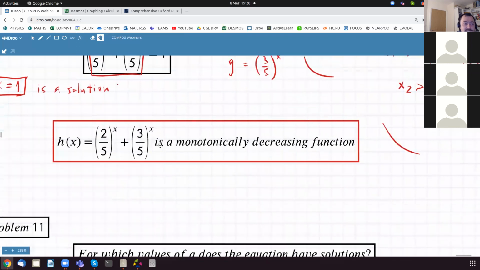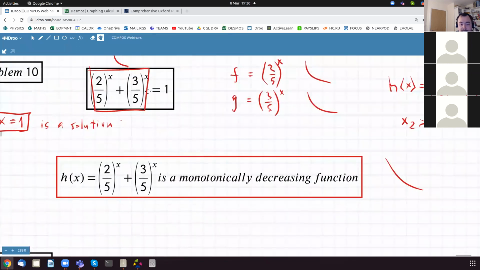And the right-hand side is 1. It's a constant, so it's a horizontal line. The graph is sloping downwards, and this is a horizontal line. So a horizontal line and a downward sloping function can only have one point of intersection, and we found it. It's 1.